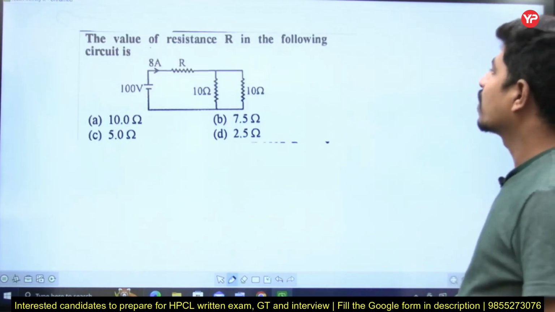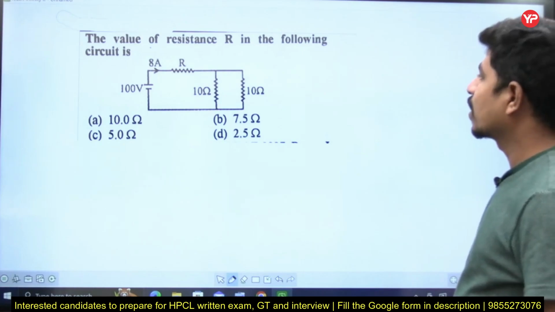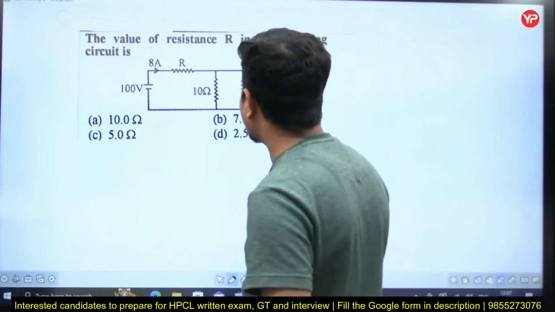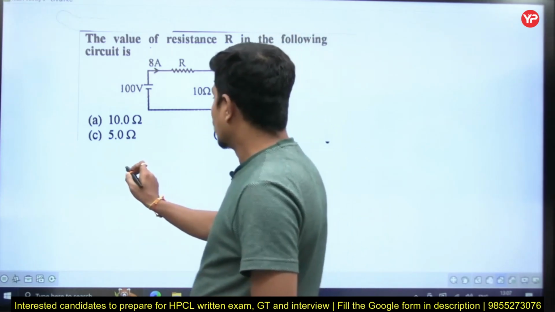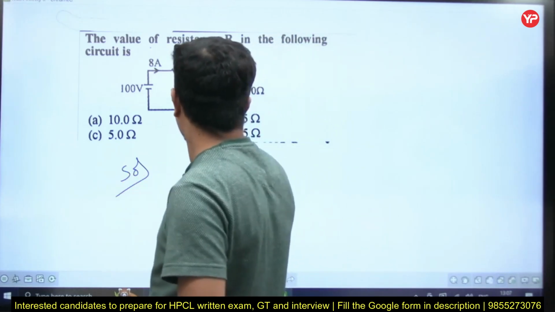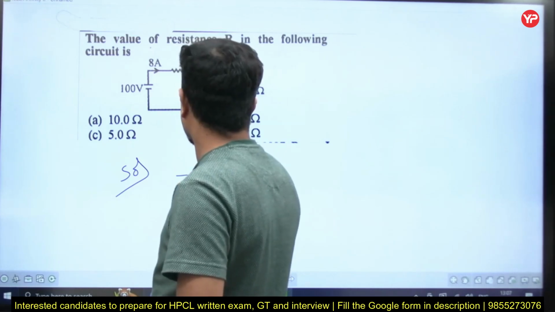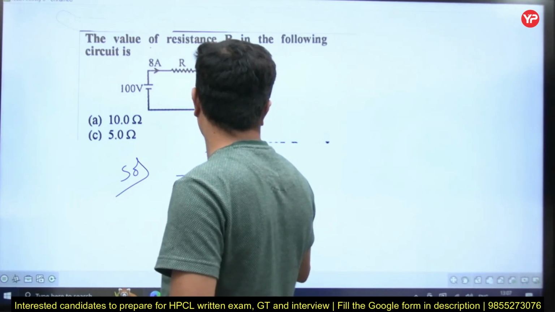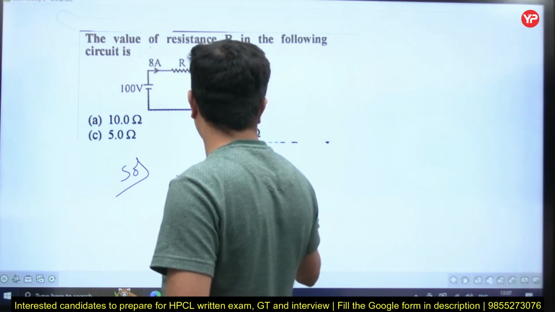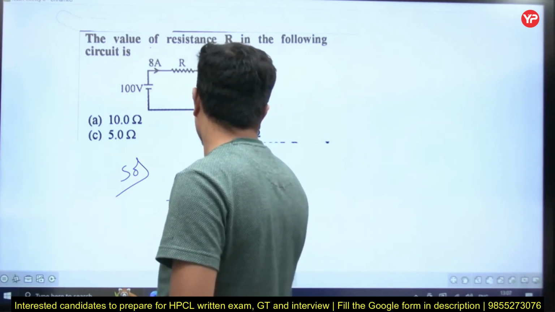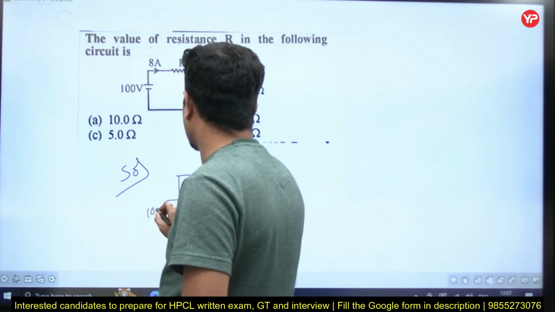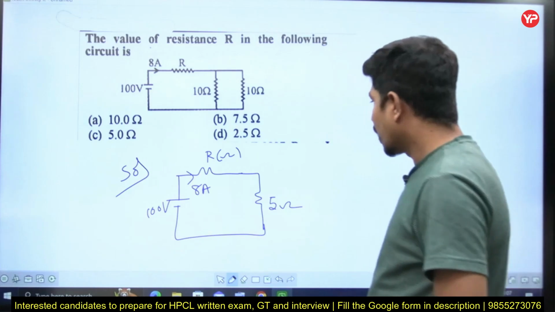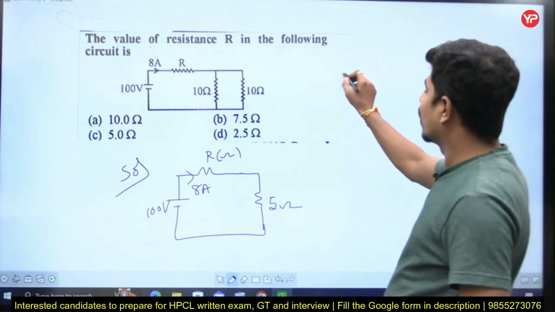The value of resistance R in the following circuit is, he is asking about the value of this resistance R, right? These two are in parallel, so simply do the parallel combination. This is R ohms. This 10 in parallel with 10 is 5 ohms, and this is 100 volts. This is 8 amperes, right? Let's write KVL.